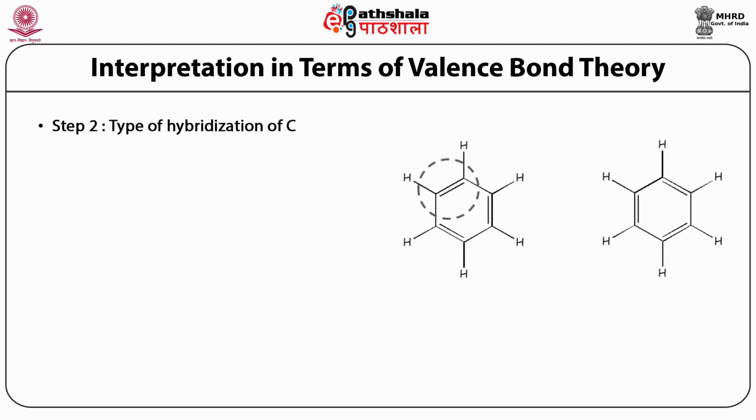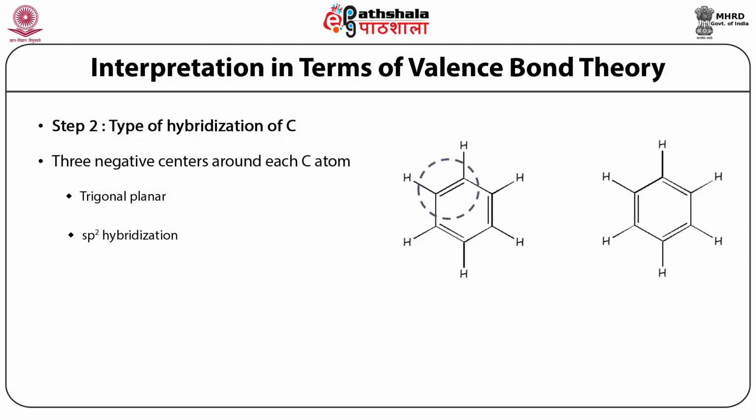In step 2, the type of hybridization of carbon: there are 3 negative centers around each carbon atom, which are trigonal planar and exhibit sp2 hybridization.